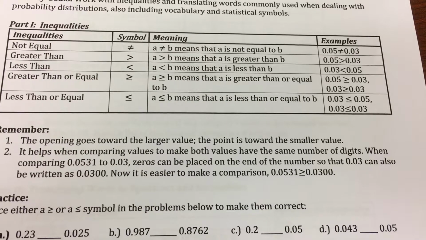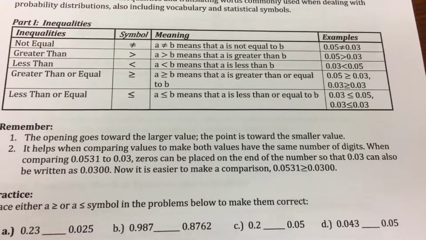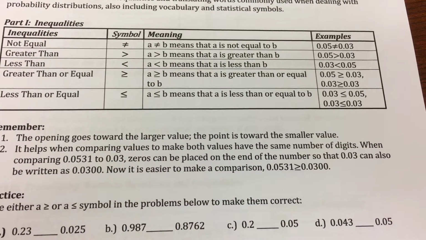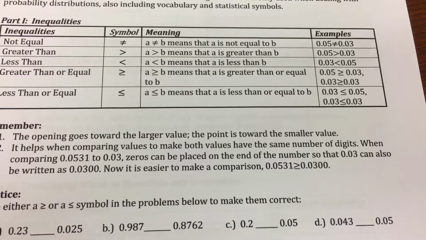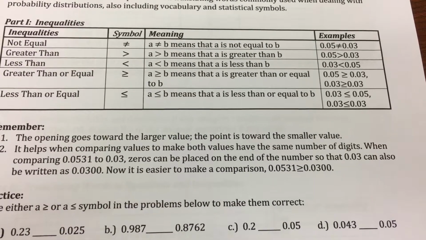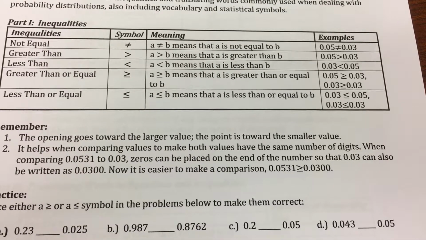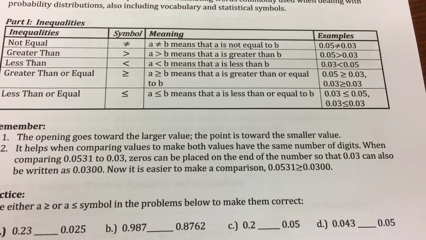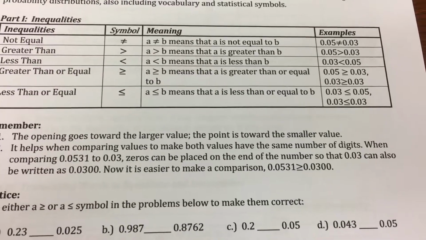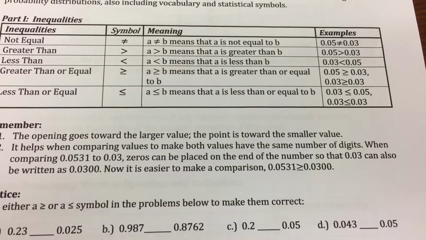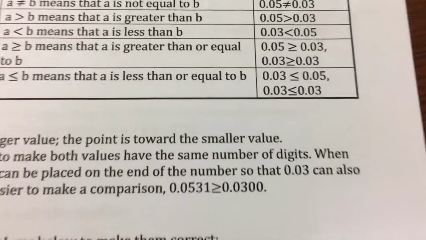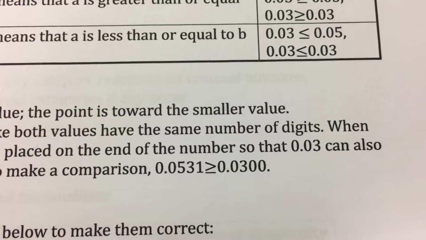The point is towards the smaller value. And then remember also, it helps when comparing values to make both values have the same number of digits. So for instance, when comparing 0.0531 to 0.03, you need to be sure to put zeros on the end so that these values will have the same number of decimal places.